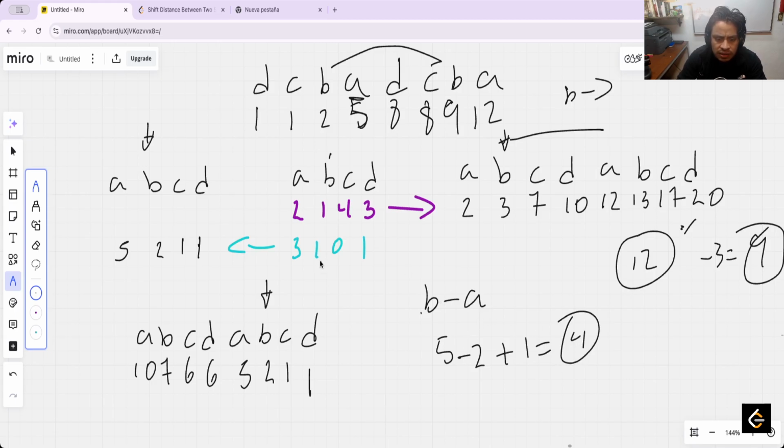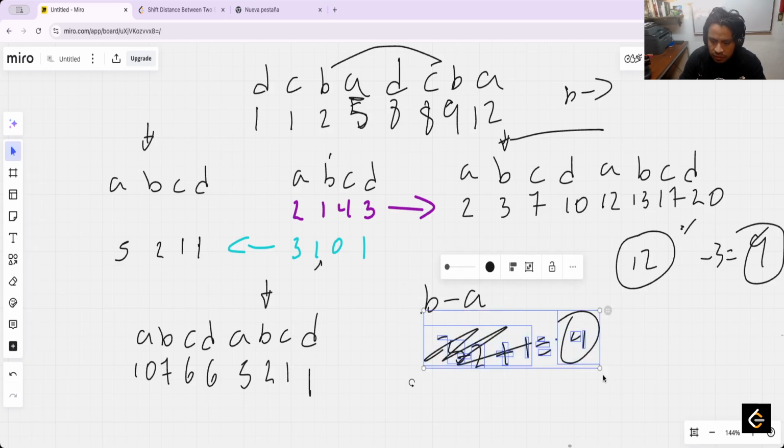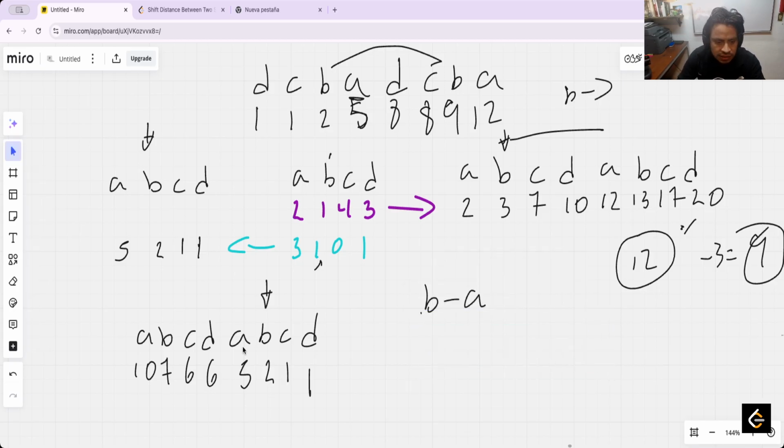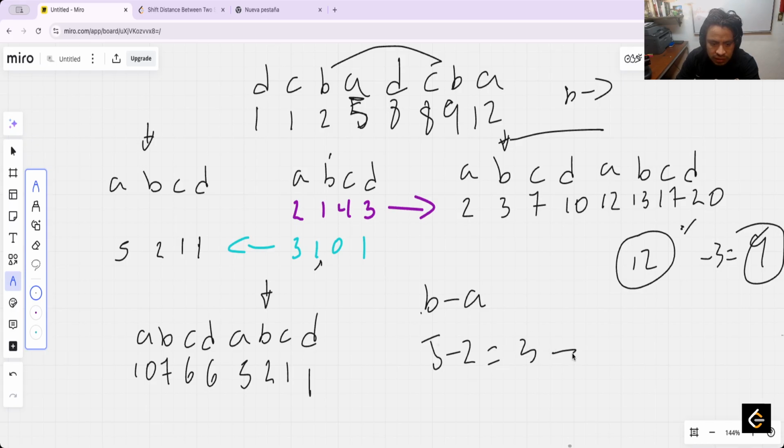In this case, the size to move, no, this is wrong. Is B to 8 is 5 less 2, it's equal 3, less the current letter, in this case this.